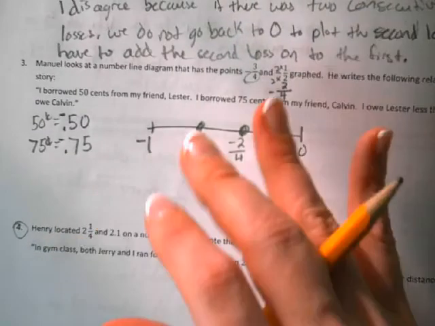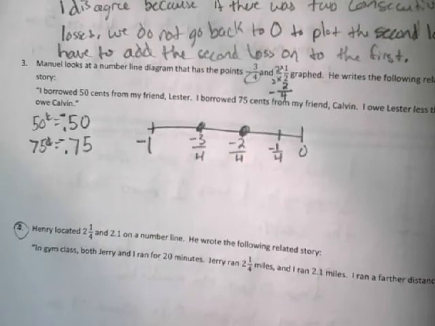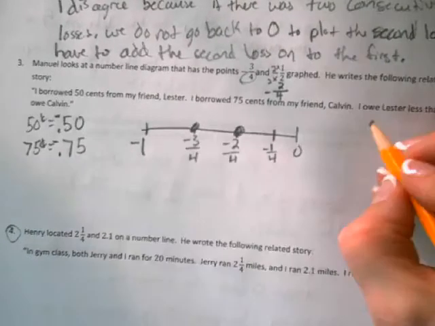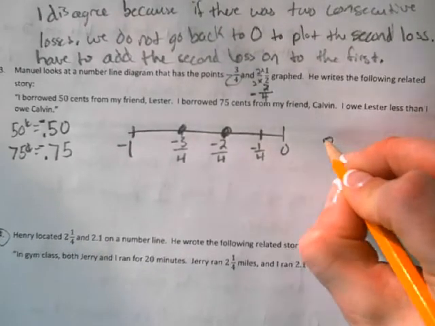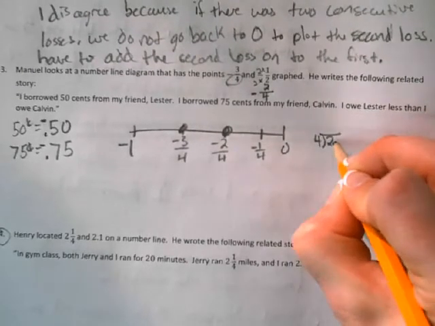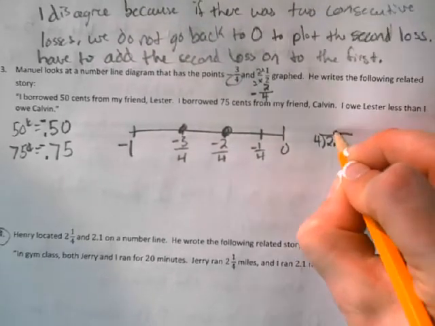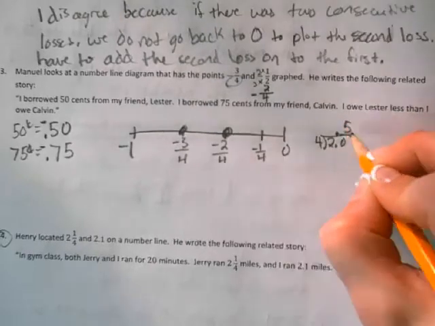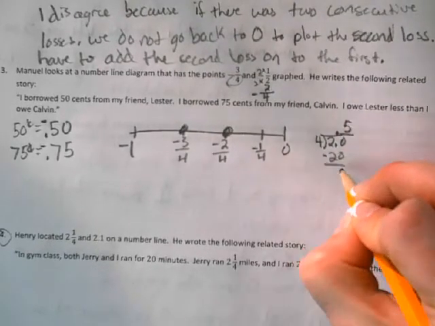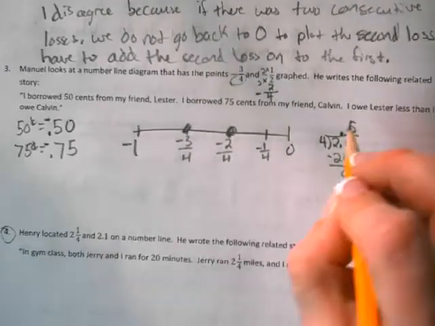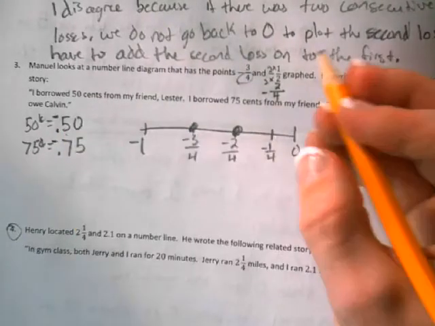Now, these are fractions. I need to take my fractions and turn them into decimals to make sure what he is saying is true. So, 2 divided by 4. I have to add my 0, bring up my decimal. 20 divided by 4 is 5. So 0.5 or 5/10 is the same as 50 hundredths.